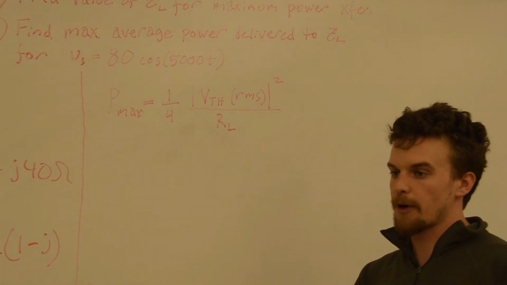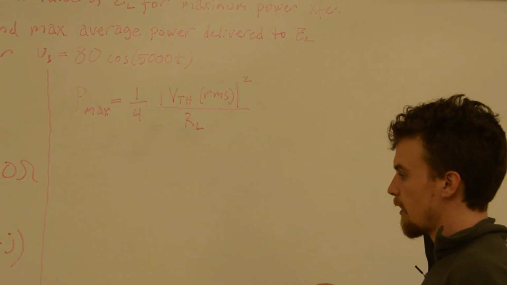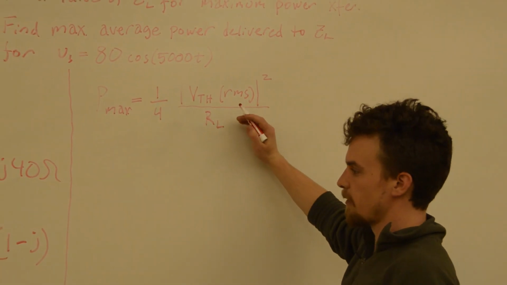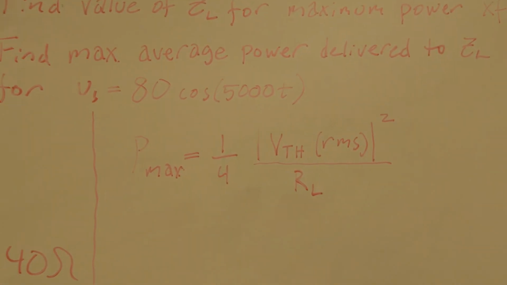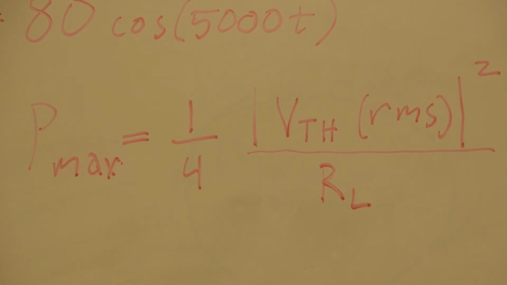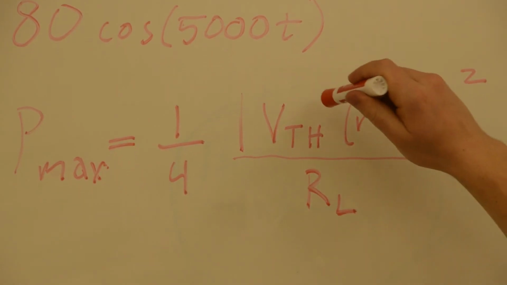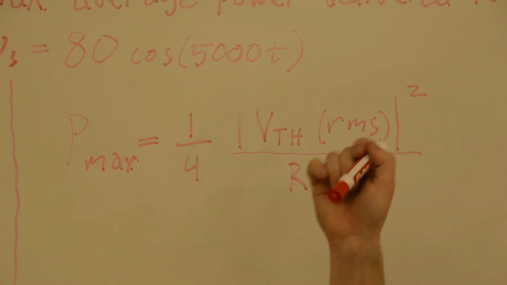We have a resistive part and a reactive part, and RL is the real part of your load impedance. So we have to solve for V Thevenin and find its RMS value.